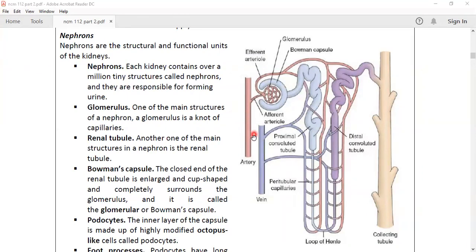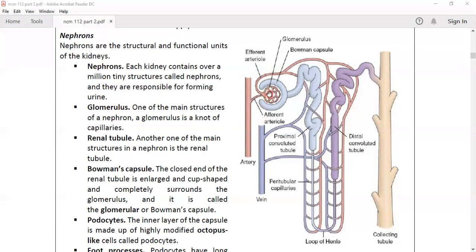First you have your renal artery, of course, and then there's a tuft of capillaries that you call your nephron. Before going to the tuft of capillaries, the blood vessel that leads into that tuft of capillaries is what you call your afferent arteriole. When we say afferent, it means going to, papunta.